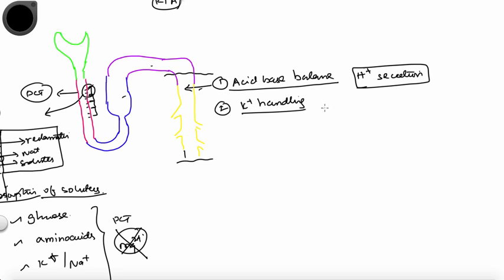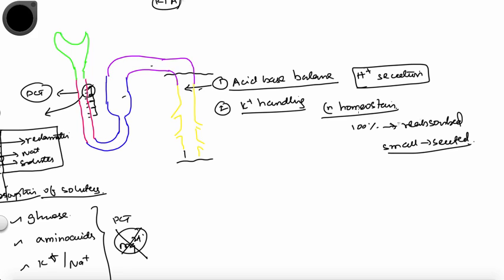For example, during normal homeostasis, almost 100% of the potassium is reabsorbed. The maximum amount of potassium is reabsorbed from the PCT, and the remaining potassium is reabsorbed in the distal part of the nephron. Only a small amount is secreted under normal homeostatic conditions.